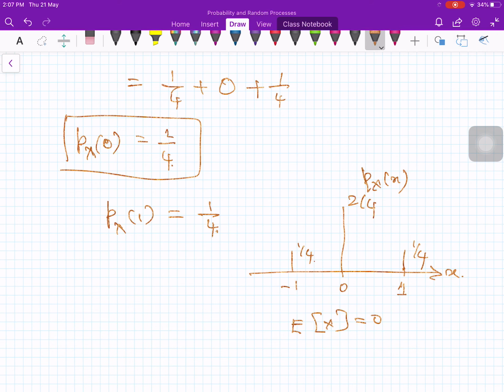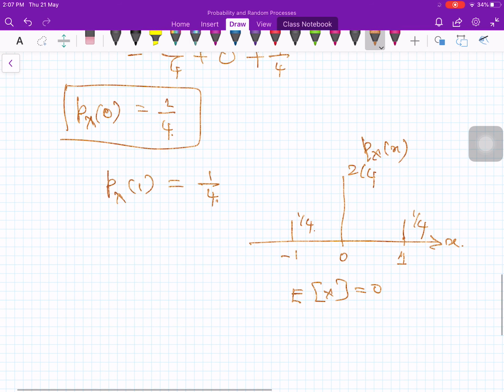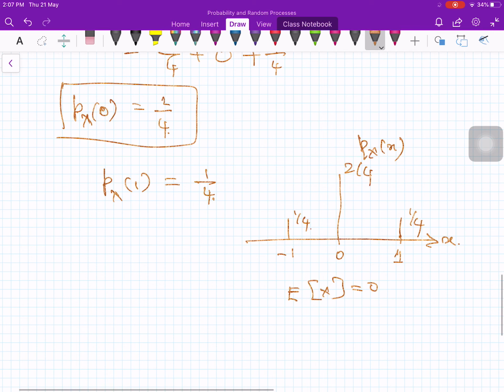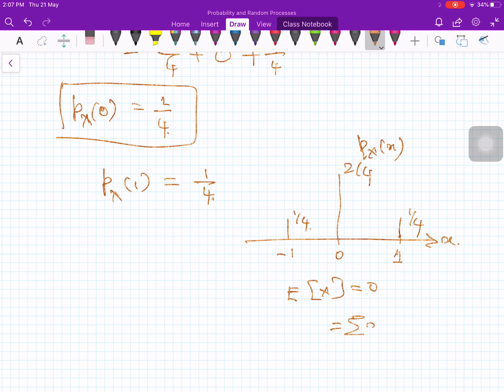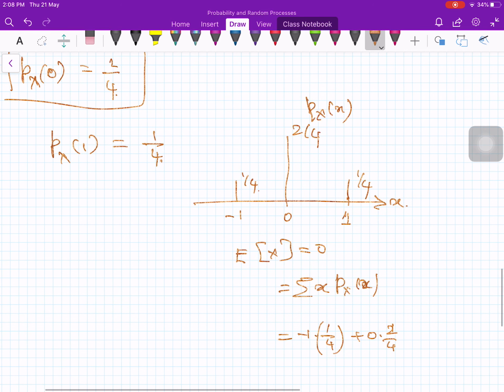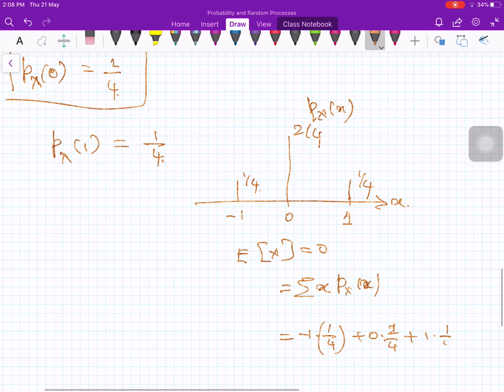You can simply substitute the formula, or looking at the probability mass function itself, you can identify the center of gravity, that is the summation over x of x pX(x). When x equal to -1 the probability is 1/4, when x equal to 0 the probability is 2/4, when x equal to 1 the probability is 1/4. So this is -1/4 plus 1/4, equal to 0. Therefore the expected value of the random variable x is 0.